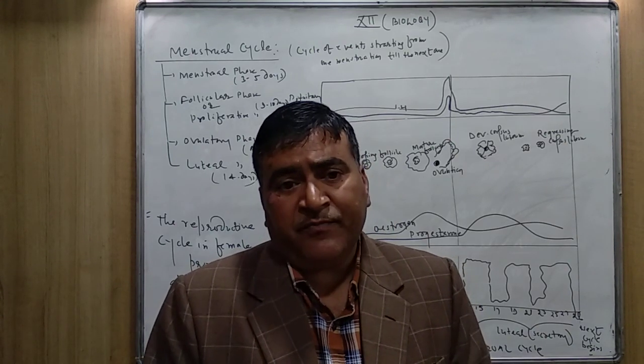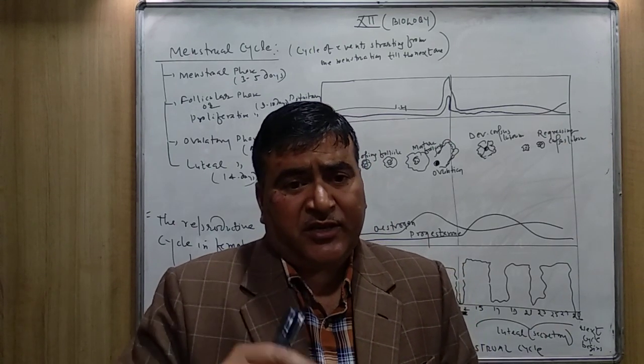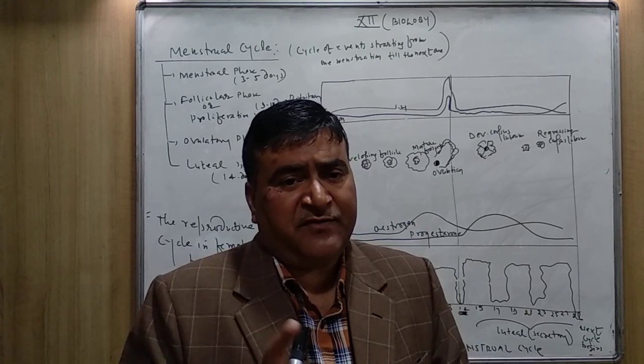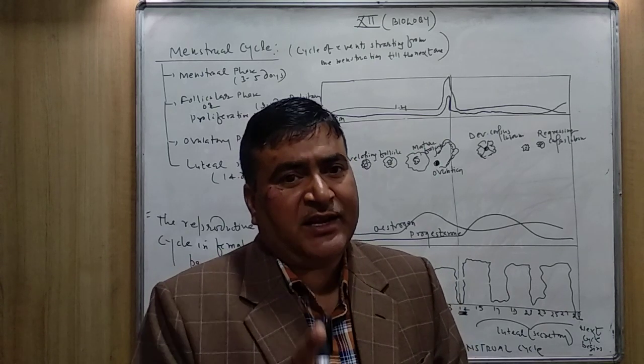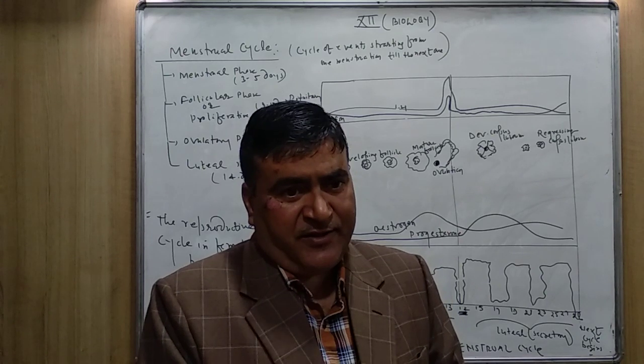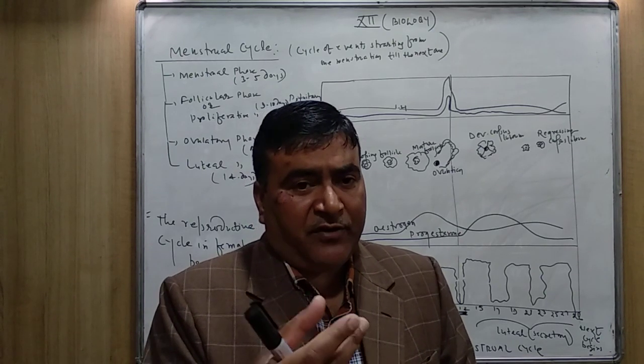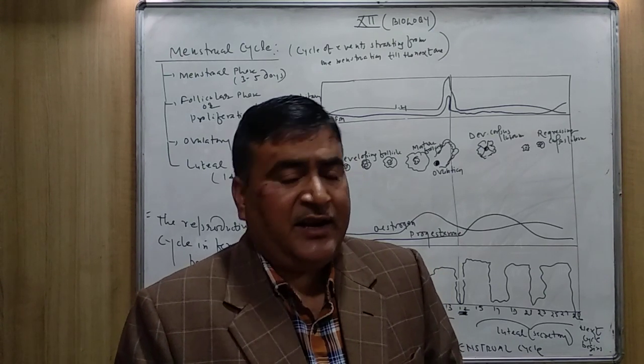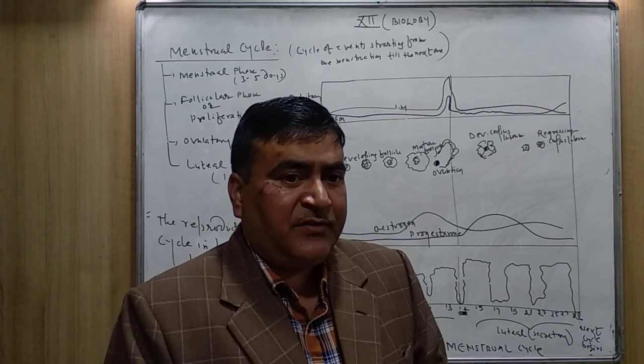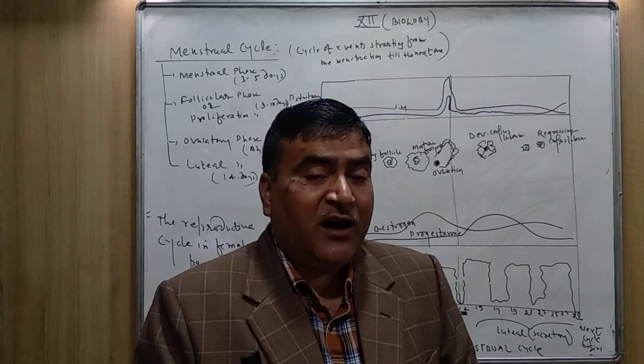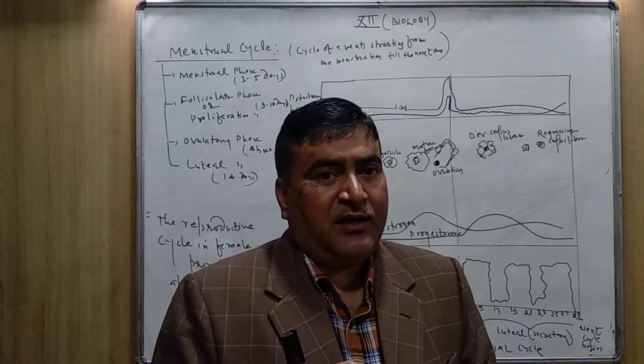They produce the ovum. Every month in each menstrual cycle, it's very, very important, only one follicle becomes mature, and that mature follicle is the Graafian follicle, and that Graafian follicle produces the egg, or you can say ovum.